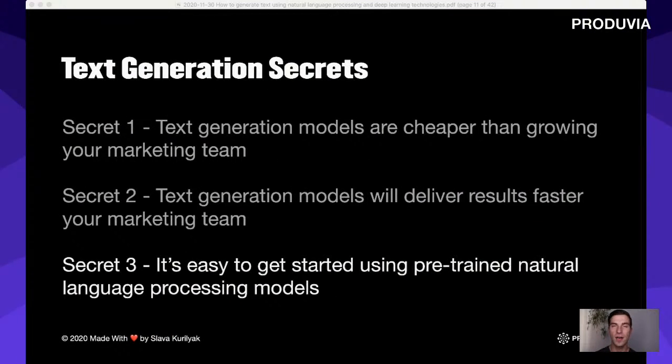And secret number three, it's easier than ever to get started using natural language processing and text generation. Hopefully that gives you an insight of what is the reality of text generation models and how they work.